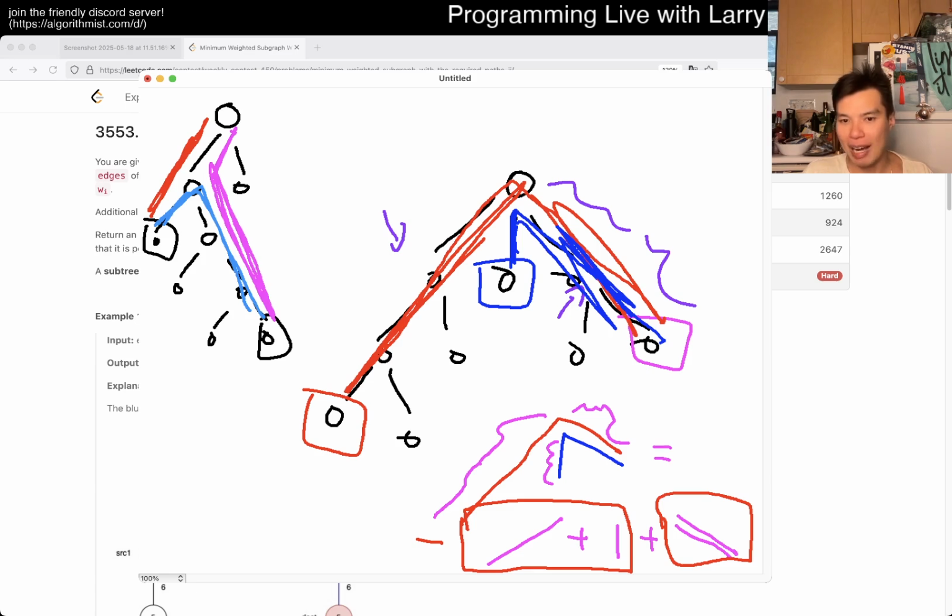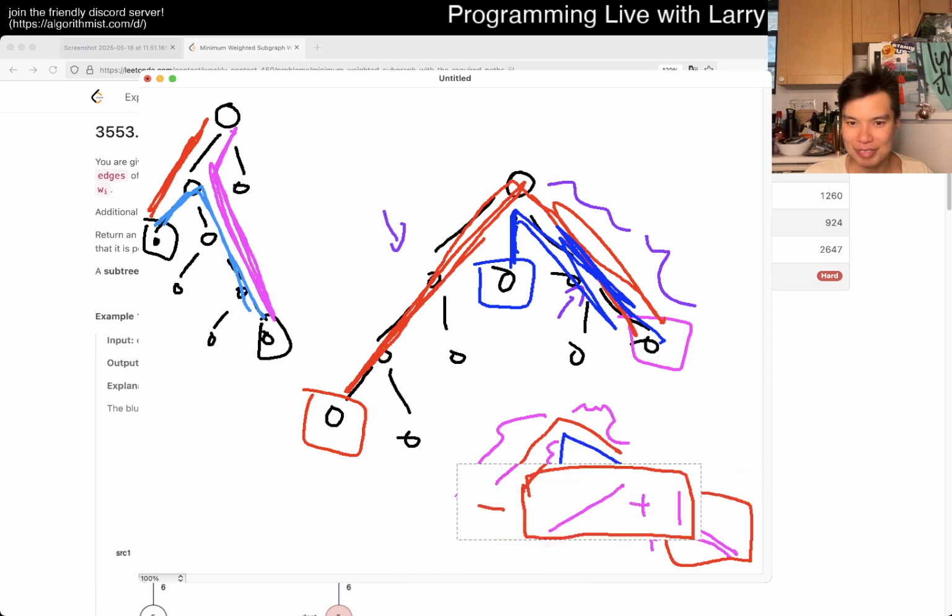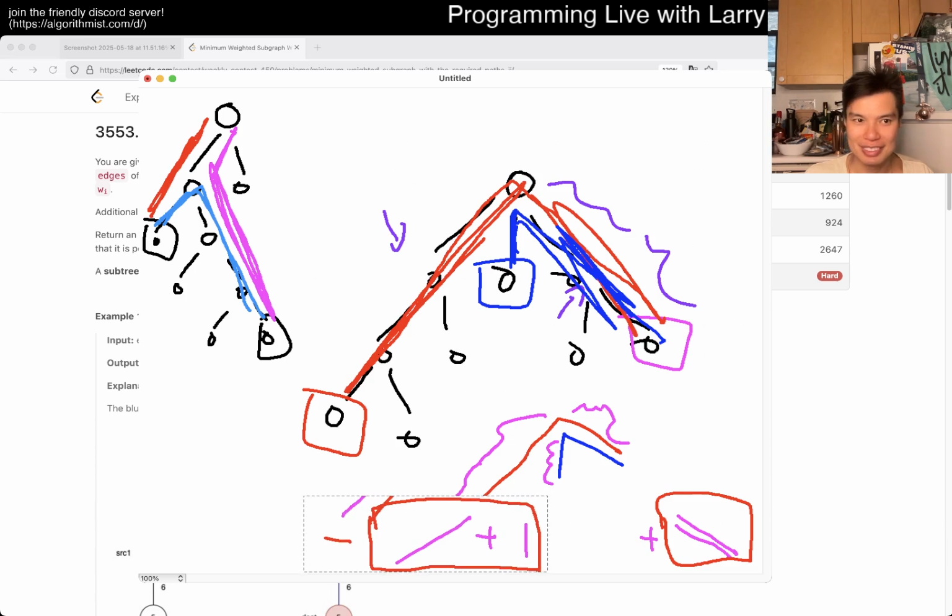So then the overlap would be equal to, I should draw this out, but I'm not. Let me just do magic. Well, you get the idea. We subtract this from both sides, and then we get the overlap.